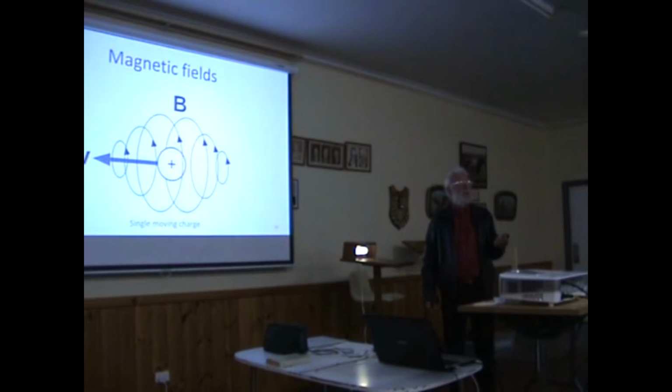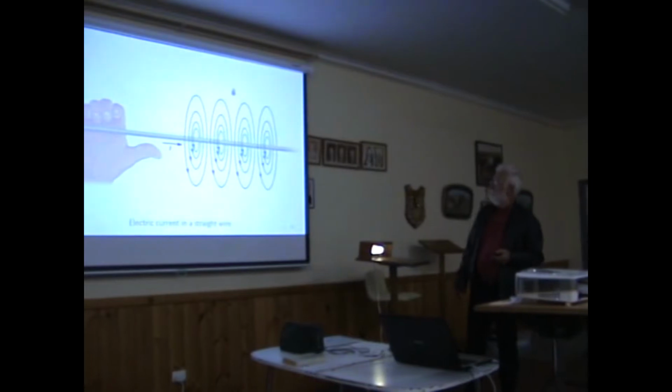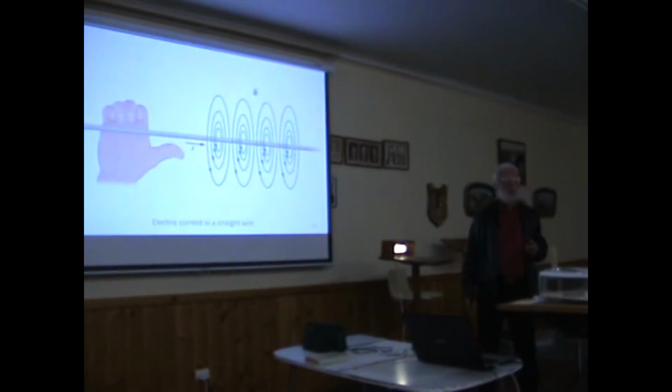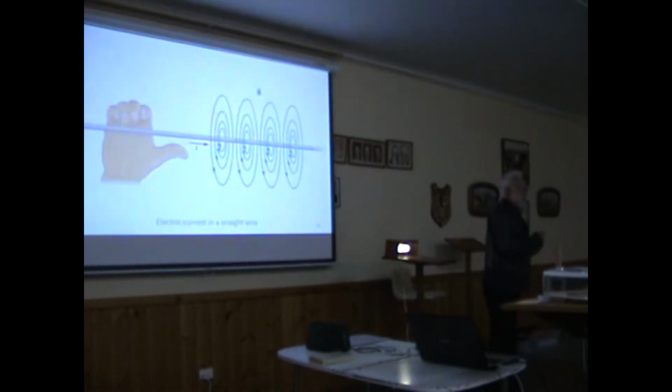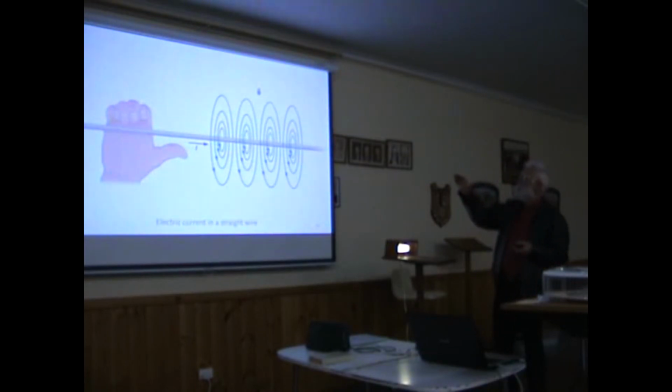Now, as we've seen, it's very hard to get single moving charges without getting lightning and other things. So single charges are hard to get in real life, whereas it's easy to get a current flowing in a wire. And so what's going on there is that the wire is still neutral because it's got protons in the nuclei of the atoms, and it's got electrons which flow.